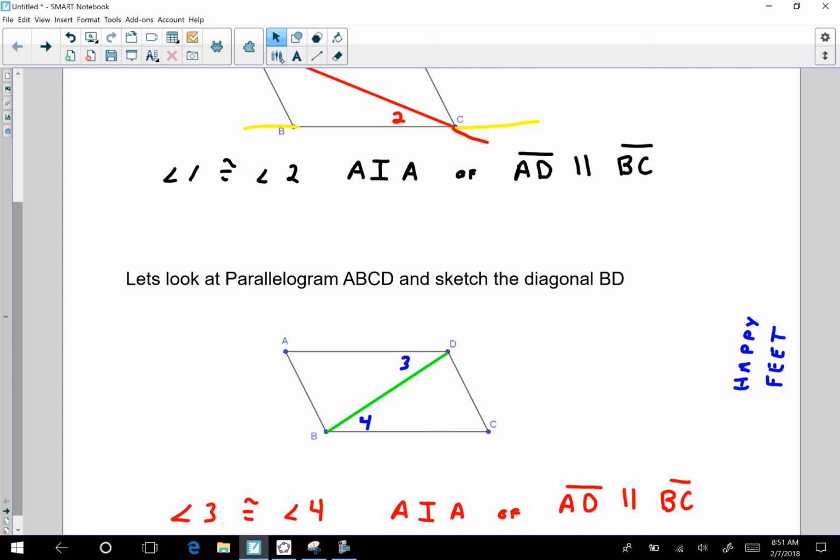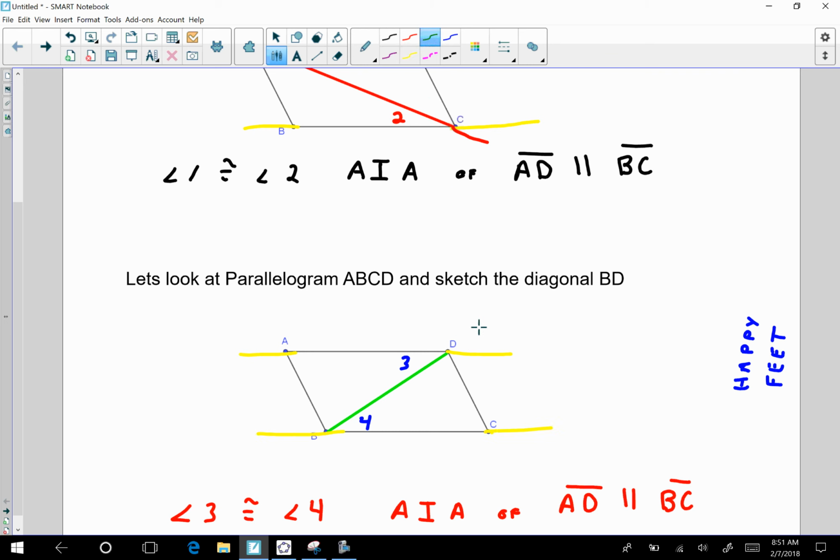And as I did before, I could extend these lines to make it where you can really see that this transversal is cutting through those two parallel lines, and that angle 3 is congruent to angle 4.